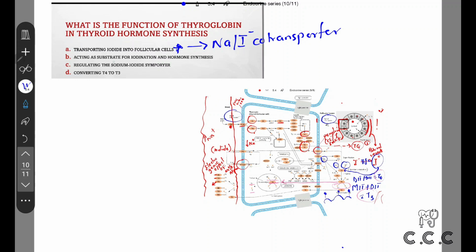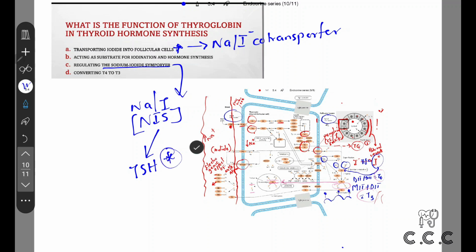Then we have acting as a substrate for iodination and hormone synthesis. Can that be correct? Regulating sodium iodide symporter, not really. It doesn't regulate. More so, what really regulates the sodium iodide symporter, NIS, is usually our TSH, okay?